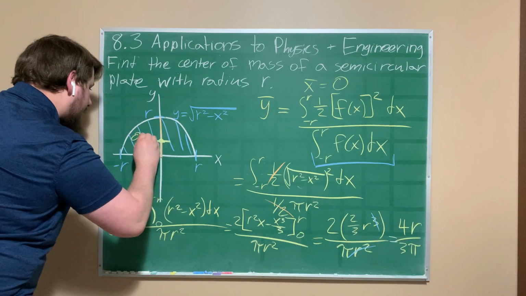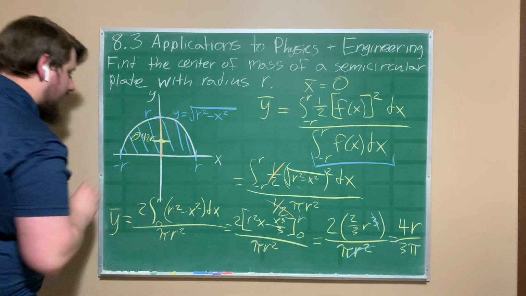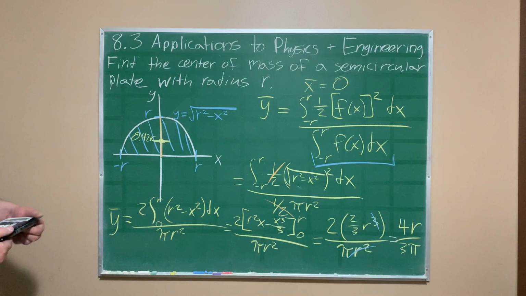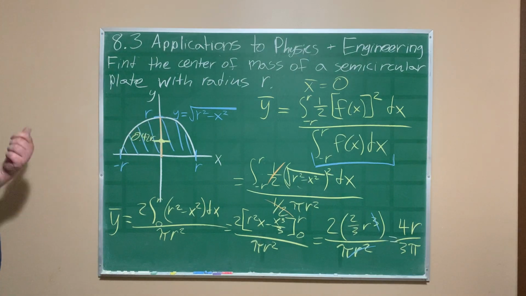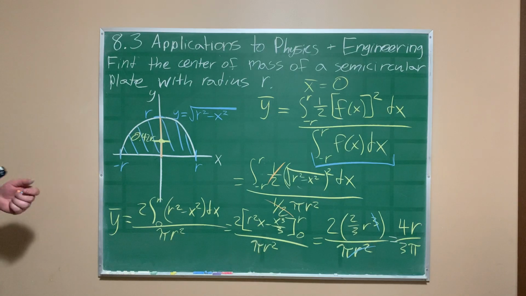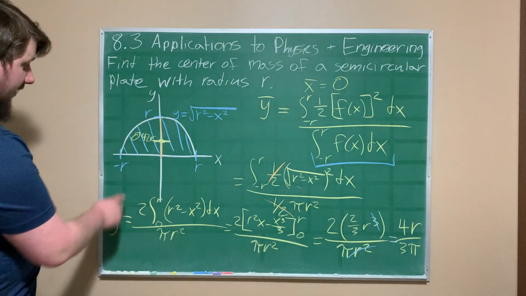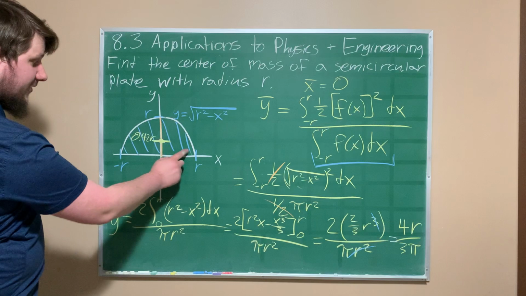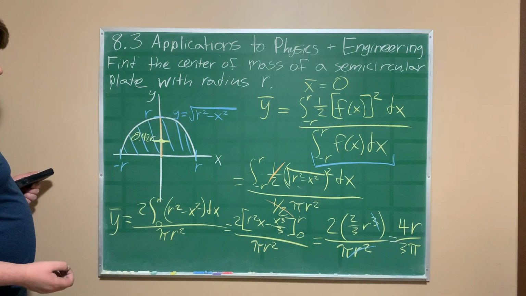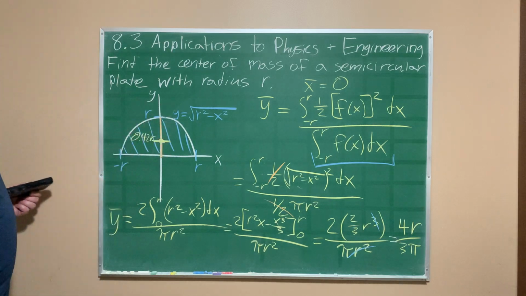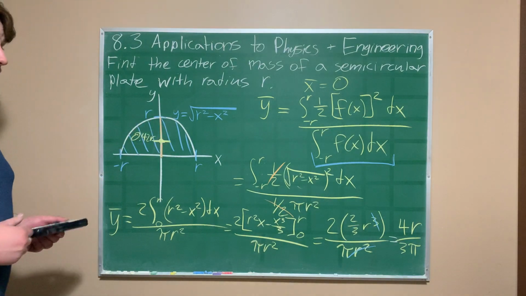That value is about 0.42 r. So if you go about 42% of the way up, from 0 to r, that will be your centroid. And this makes a lot of sense because most of the mass here is down at the bottom, and the top is relatively narrow by comparison. So you'd think that the centroid would be lower down. So this matches up to our intuition here.